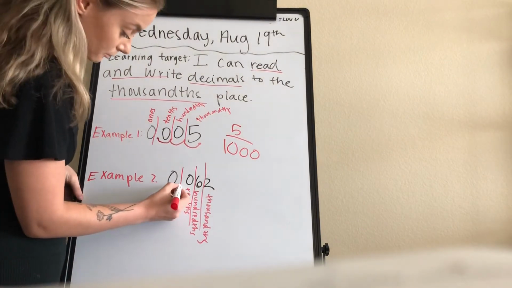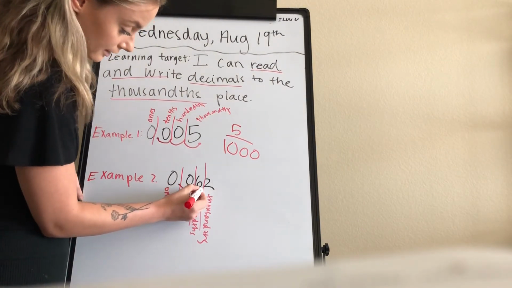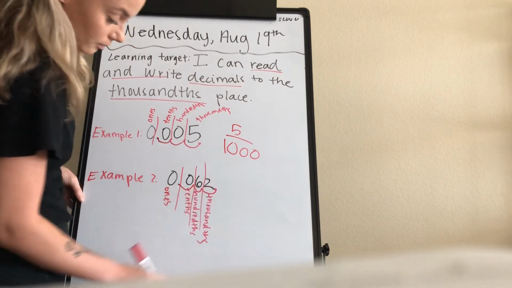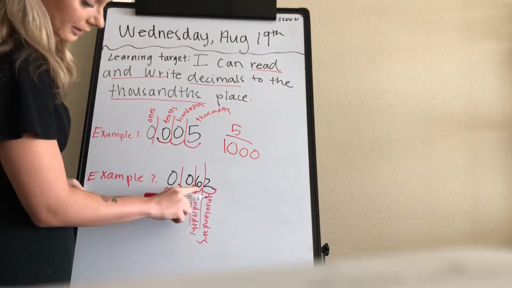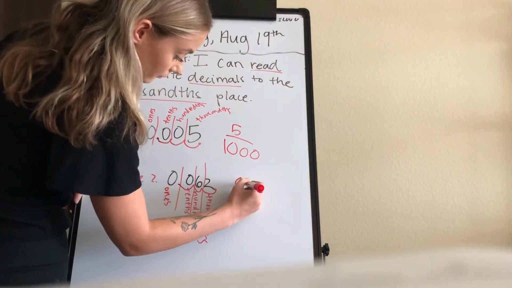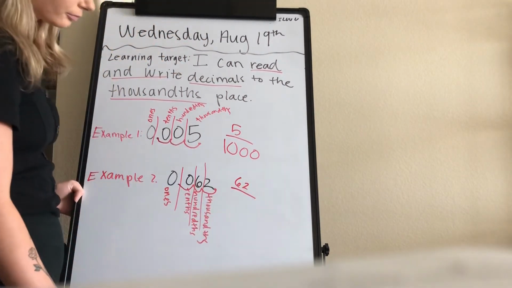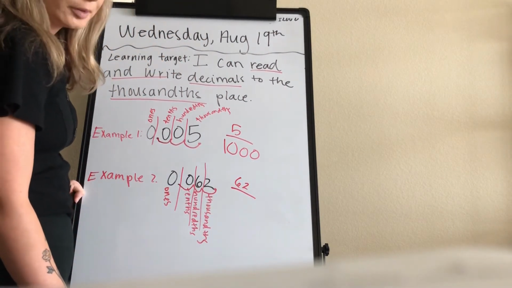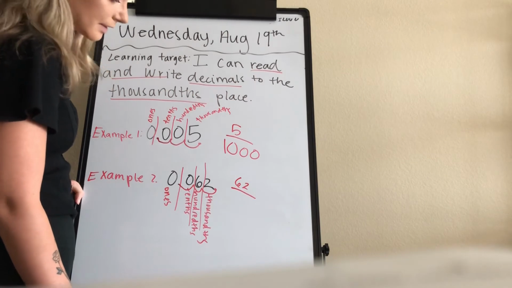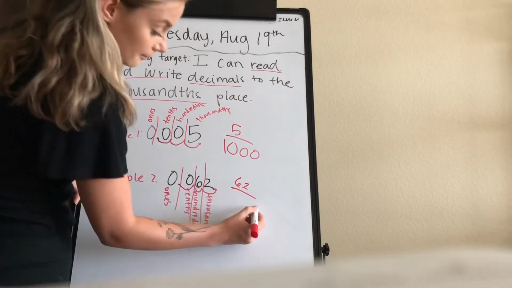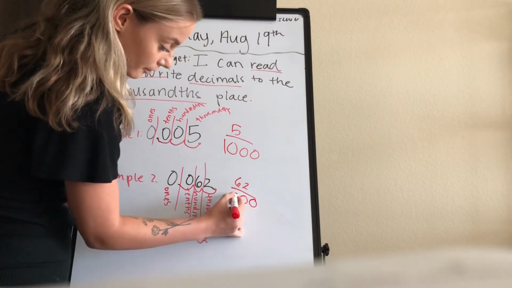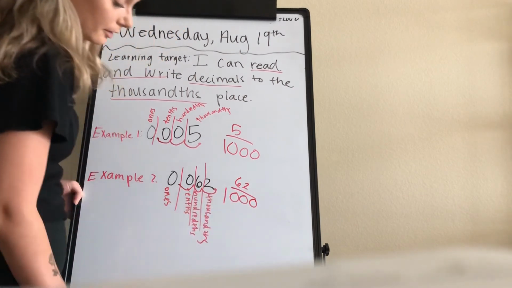Let's try to do our little trick to turn it into a fraction again. Let's move our decimal 1 place, 2 places, 3 places. Our new number is just 62. Then how many times did we move our decimal? We moved it over 3 times. So that means we need to have 1, 2, 3 zeros and then put a 1.